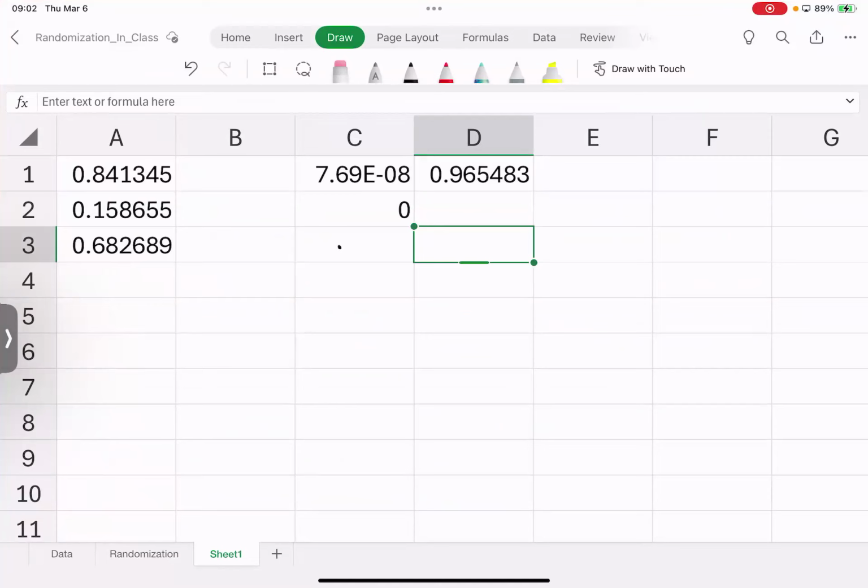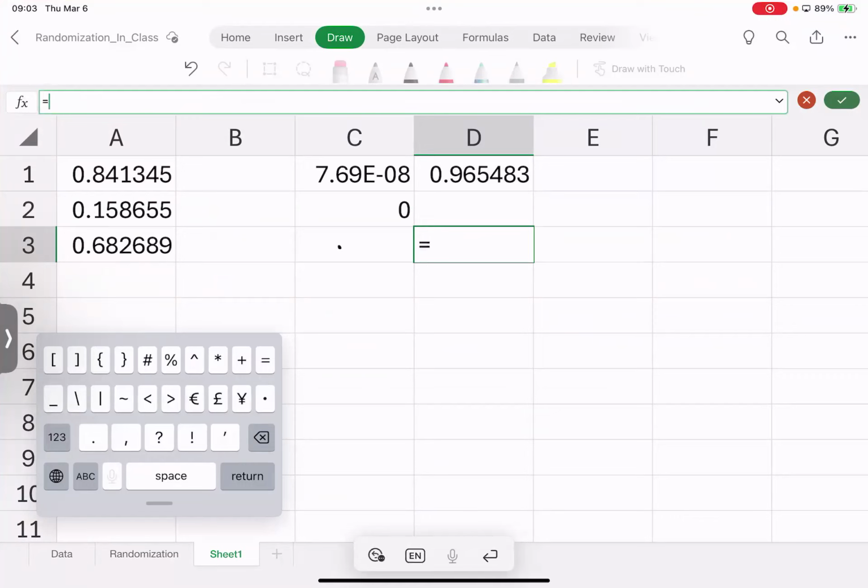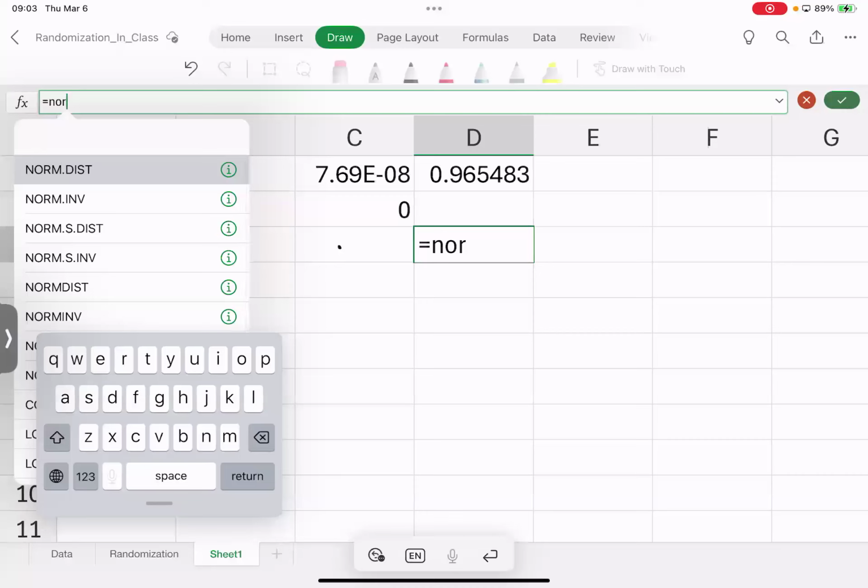I'll do it in Excel as well. Equals norm.s.inv. If you don't want to use the standardized Z value, then you can just use norm.inv.